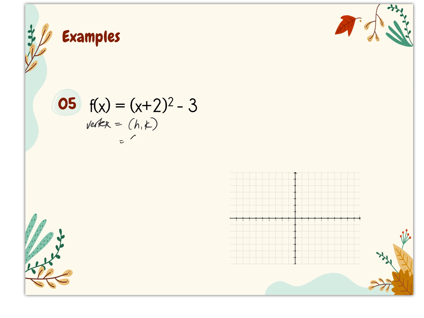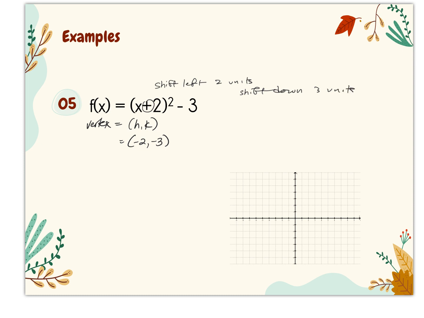Well, my H value is -2, and my K value is -3. Now, you might say this is a +2. Why did I say -2? And remember that the H value is always opposite what it appears. You know that this is a shift left 2 units, if you remember from one of your assessments, and it's a shift down 3 units.